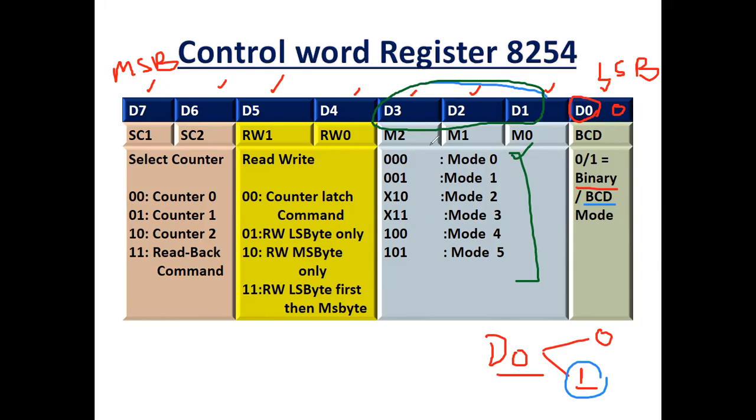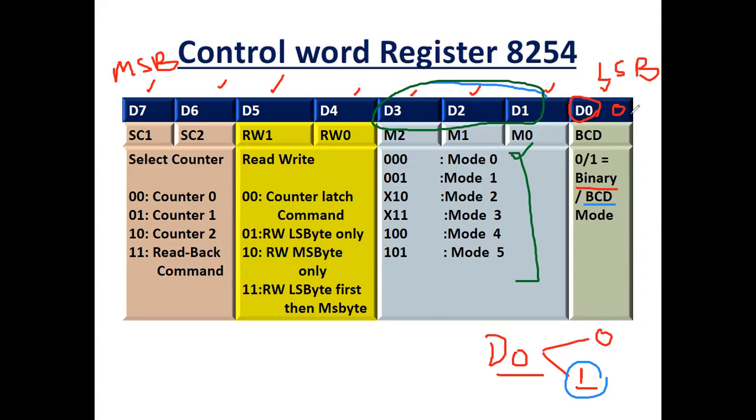But here, we are just observing the mode based on the value written in these three bits D1, D2, and D3. If 000, then mode 0. If 001, then mode 1. X10, where X is don't care, then mode 2. X11, then mode 3. 100, then mode 4. And 101 is mode 5. So this is decided by these three bits D1, D2, and D3.